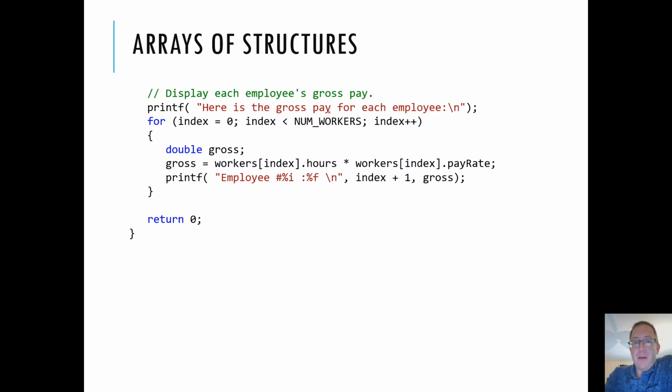So here I am going to go around 3 times again, and I'm going to get the gross pay, which is the number of hours worked multiplied by the pay rate for that individual person. So for worker 0, the pay rate multiplied by the number of hours that worker worked will give me the gross pay, and then it says employee 0, colon, and whatever their gross salary is for that week.